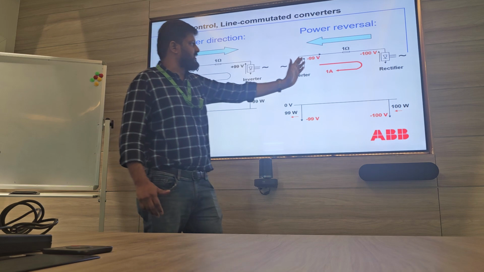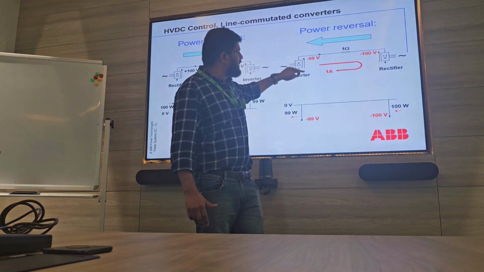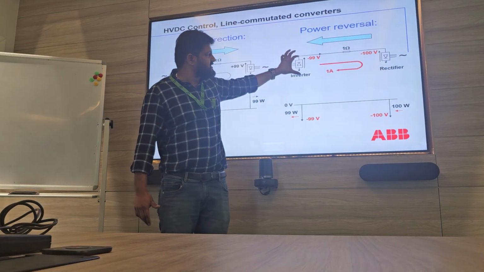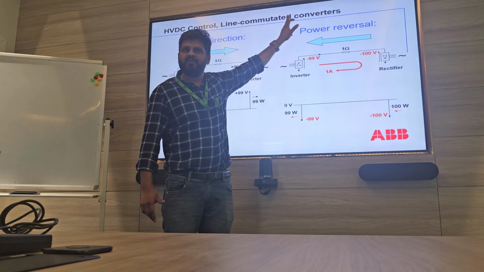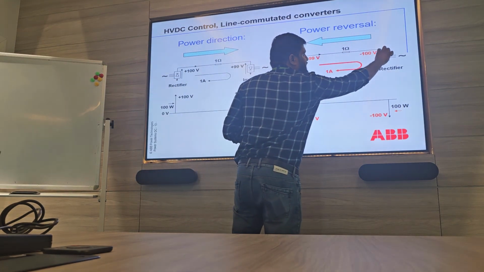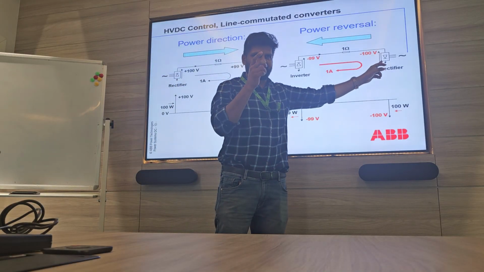Then if I want to transfer reverse power, I can't change the direction of the current here, because the thyristor always flows in one direction only. So I change the voltage polarity here, by changing the firing angle.